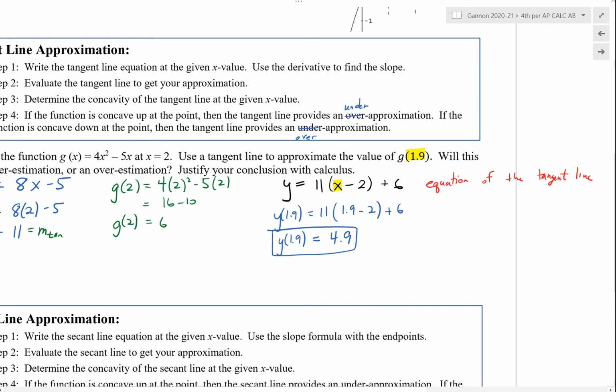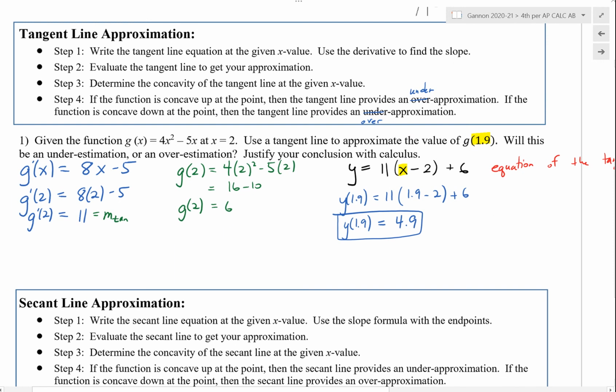Now, what we need to do is determine if that's an over or under approximation. And what we do is determine the concavity of the function. Hopefully you remember from earlier lessons that the concavity is determined by the second derivative. So we are going to take the second derivative of our function g, which is simply the derivative of the first derivative, which is 8.